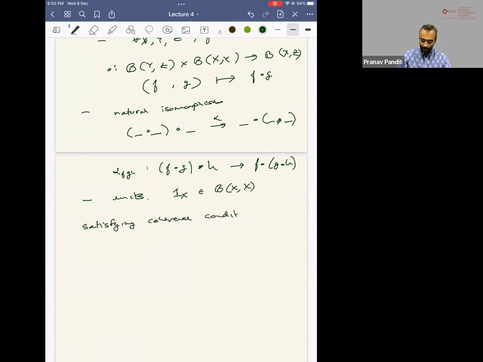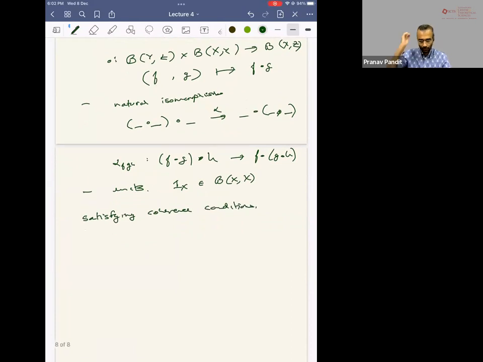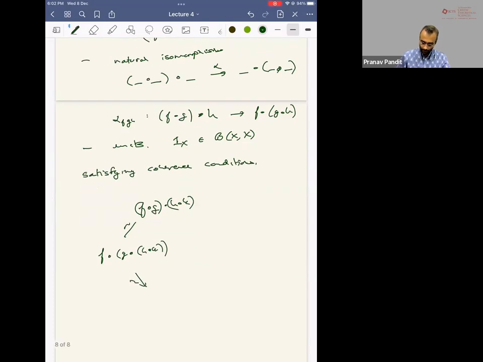And let me just write down, to give you a flavor, the coherence condition involving alpha: if you had four things, F, G, H, and K, then you would have all these ways of bracketing. So you'd have F composed G, composed H, composed K. And this diagram should commute.